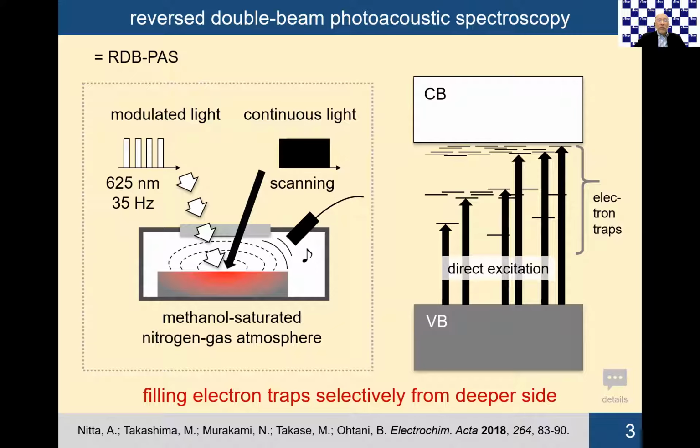The photoabsorption of modulated light gives sound from the material. Because photoirradiation and photoabsorption give heat, and that is modulated, the expansion and shrinkage are repeated.